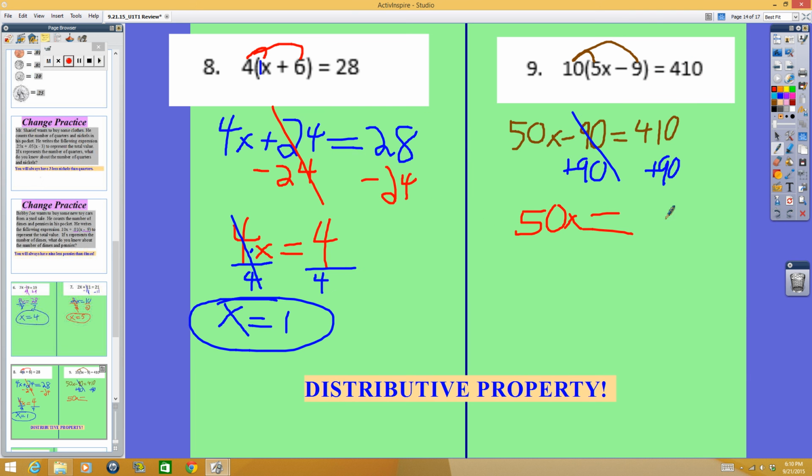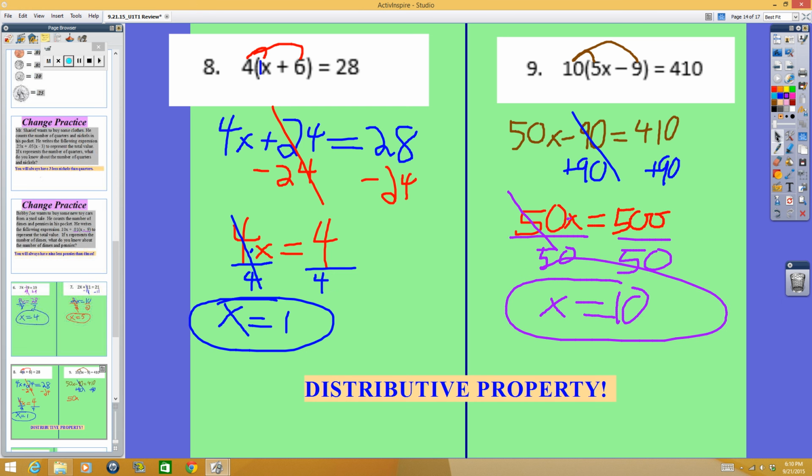Just want to make sure you're paying attention. Same thing, you know there's multiplication here. So you divide by 50. And your answer is going to be x equals 10.